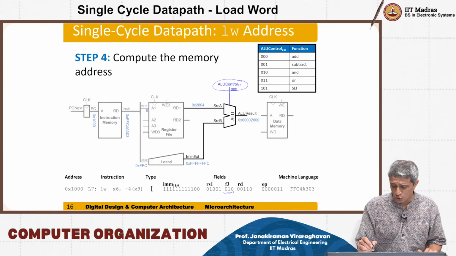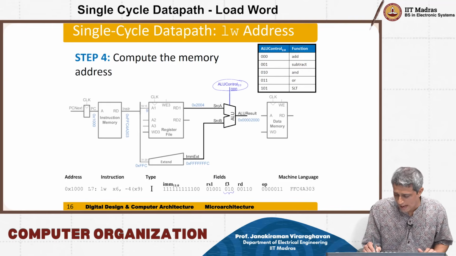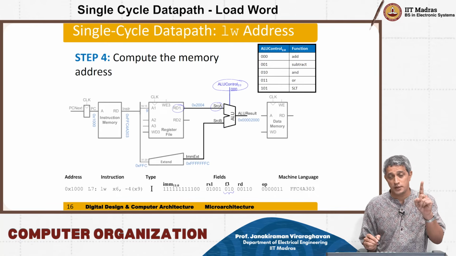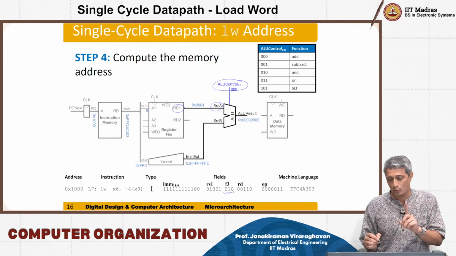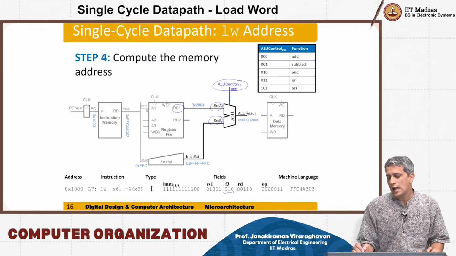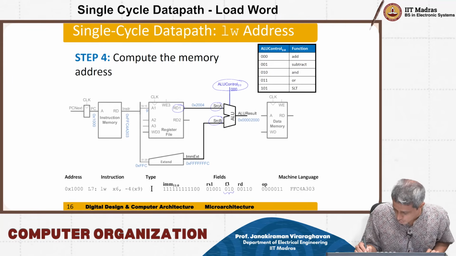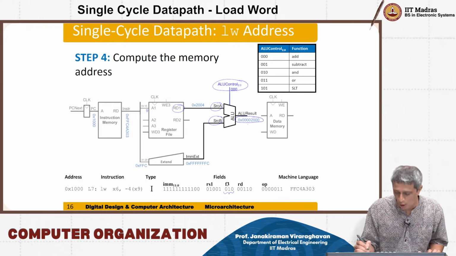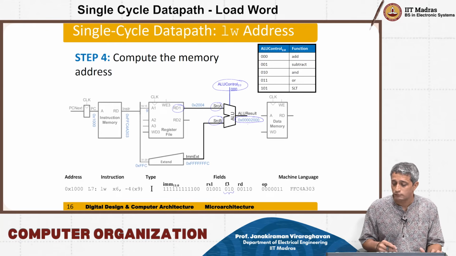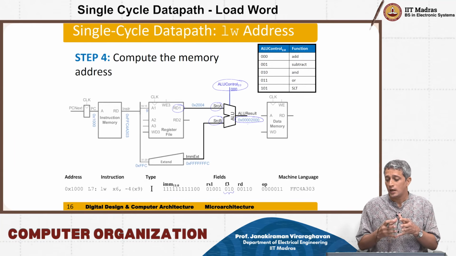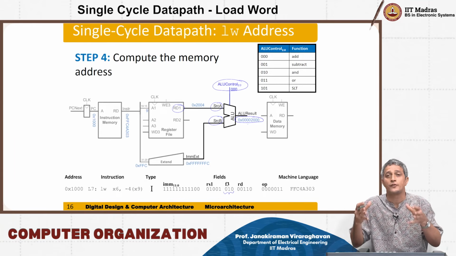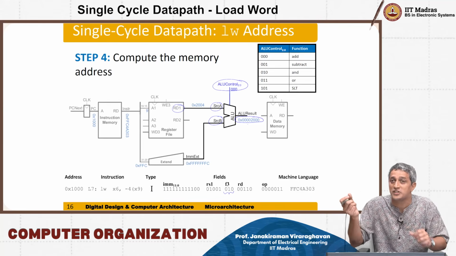Anyway, you now take the source A coming from RD1, which was determined by the RS1 register in the opcode, and then this immediate data is going to come to the source B and you get the ALU result. This result that you have calculated is essentially going to be the address of the data memory that you want to fetch data from.